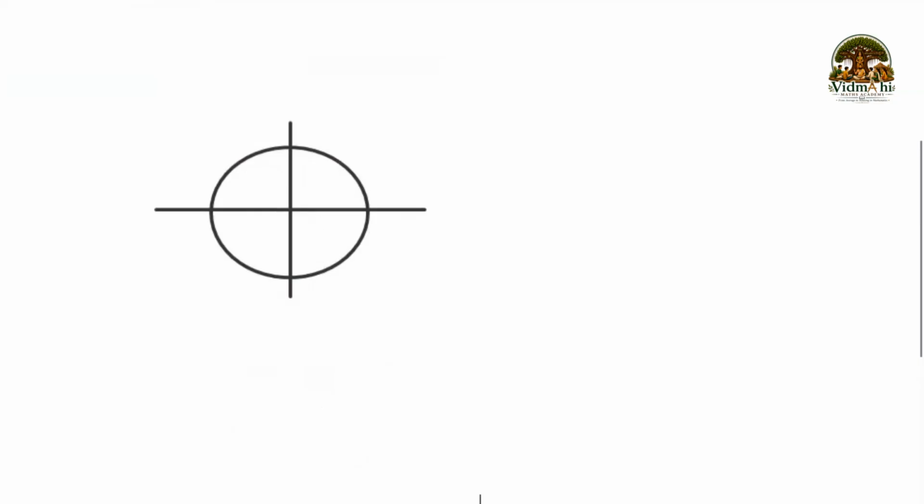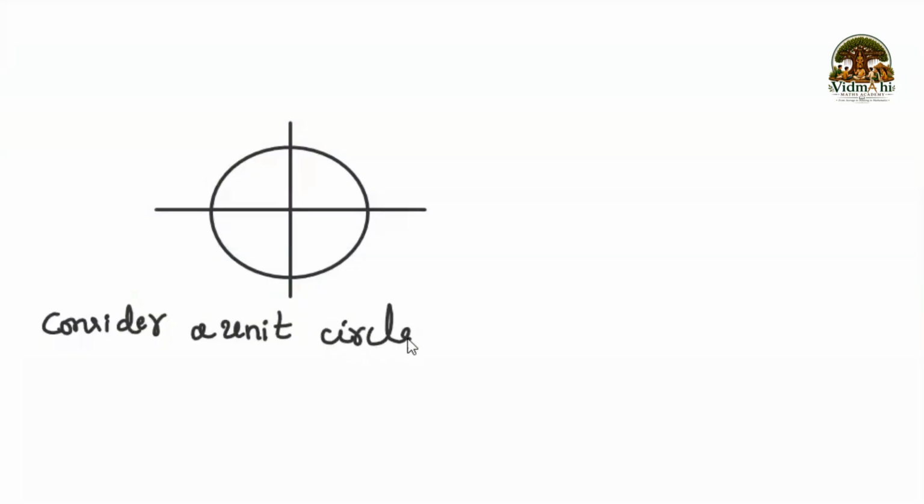Unit circle means radius should be 1. Consider a unit circle whose radius is one unit.